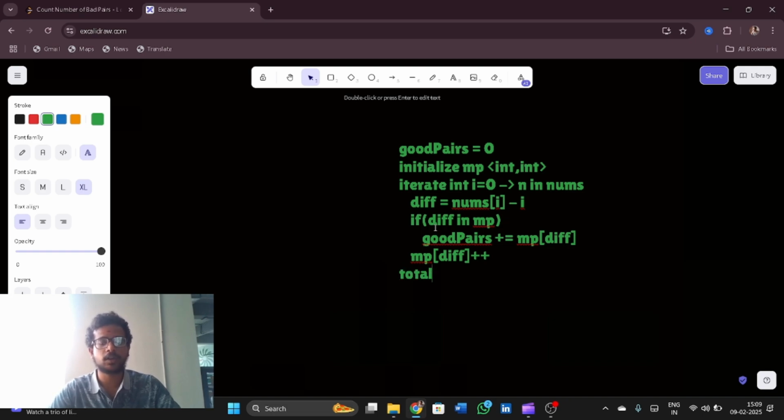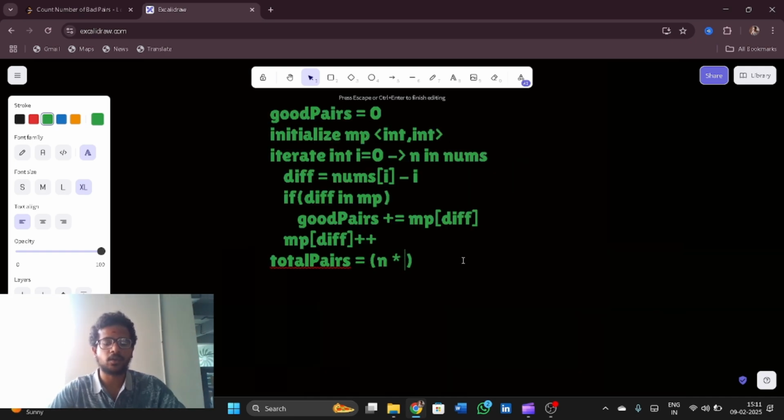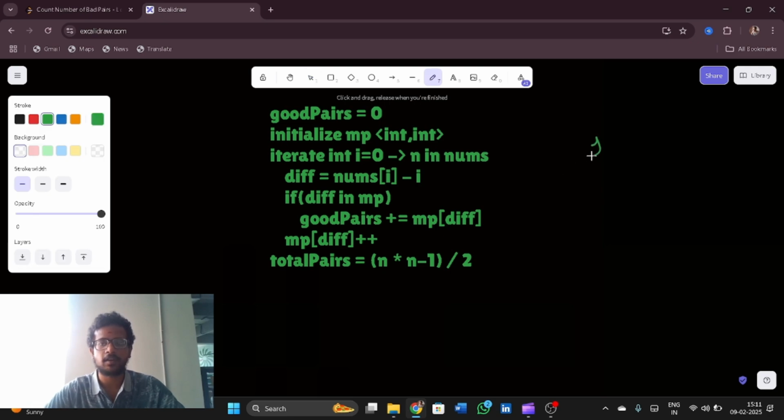I'll count the total pairs as n into n minus 1 by 2. Let me take this example 1, 2, 3 and 4. Here I can take one pair, two pairs, three pairs. So I got three pairs. Then 3 and 2 is one pair, 3 and 1 is another pair. So 3 plus 2, till now it's 5, and 2 and 1 will be one pair.